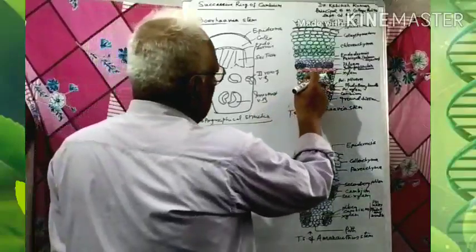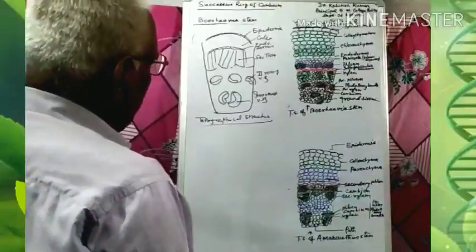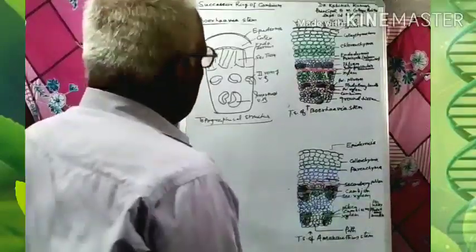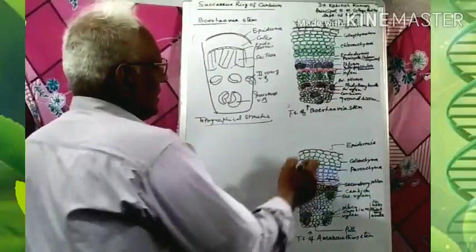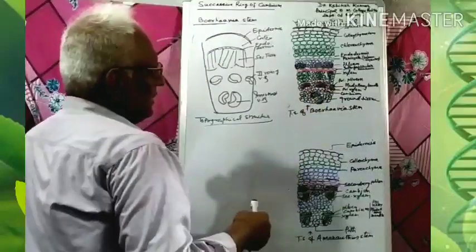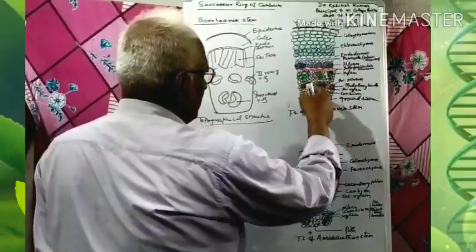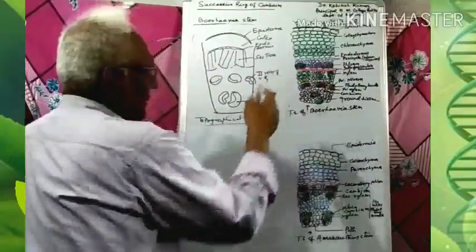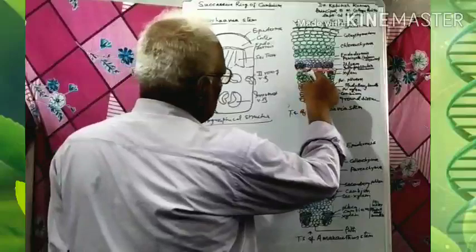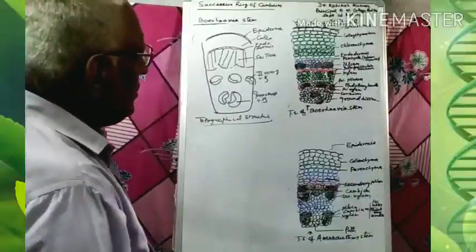But here, in between the two xylems, the tissues produced are parenchymatous in nature, but they contain fibers that help the plant to give mechanical strength, and they also function as food storage tissue.